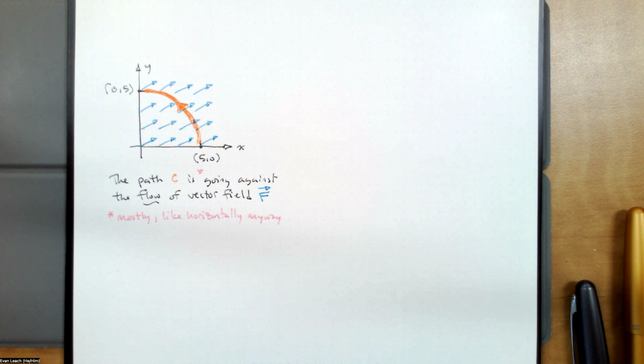So it's mostly going against the flow of the vector field horizontally. It looks like the horizontal part is winning because we got an overall value of negative.